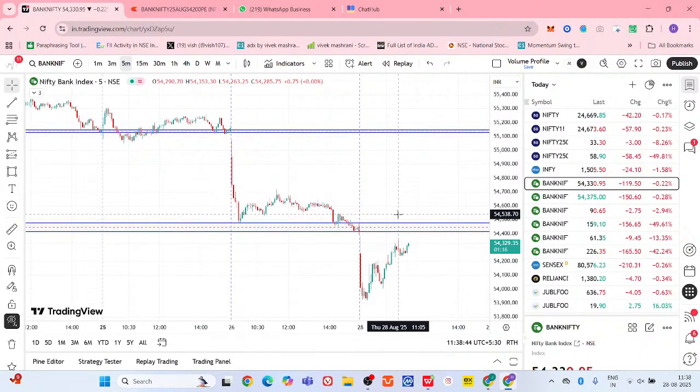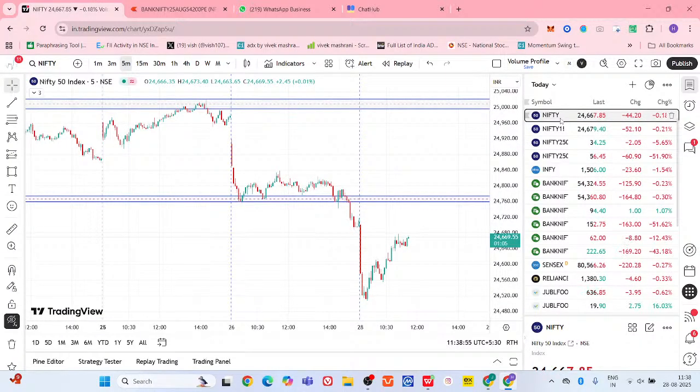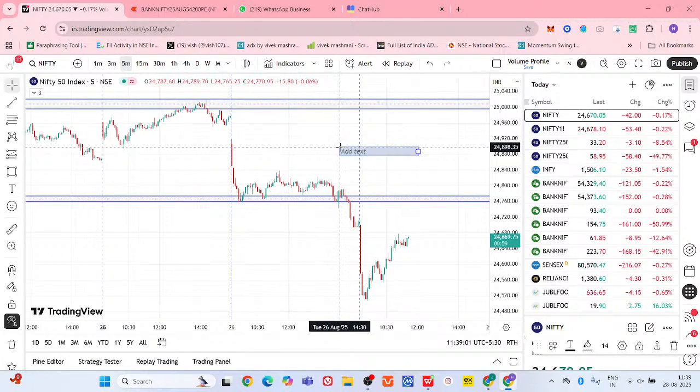Bank Nifty, these two levels. Next 1 week, these two levels are important. It can create some magic there. I'm telling you. Right now, whoever has watched this, keep this in your radar.